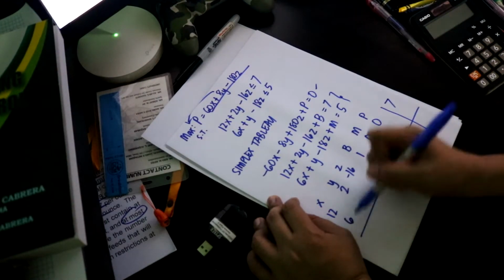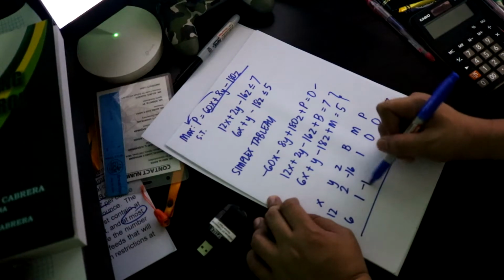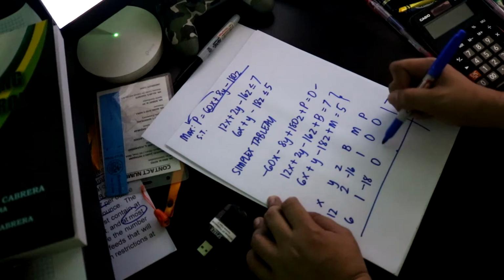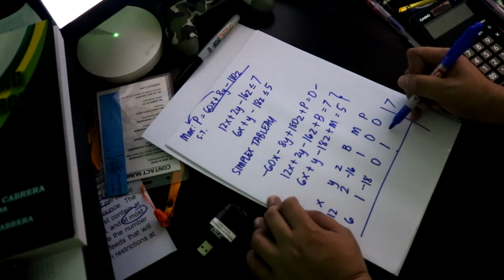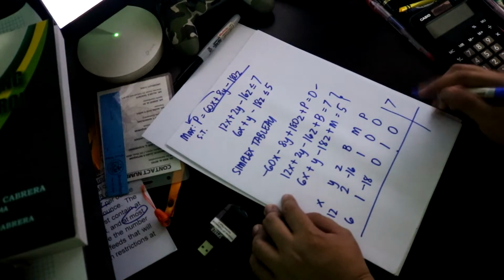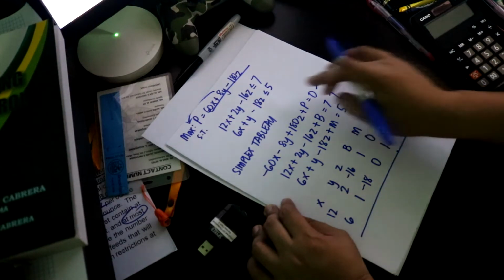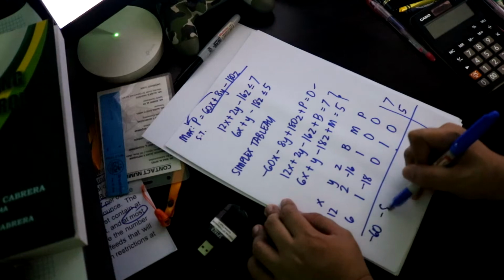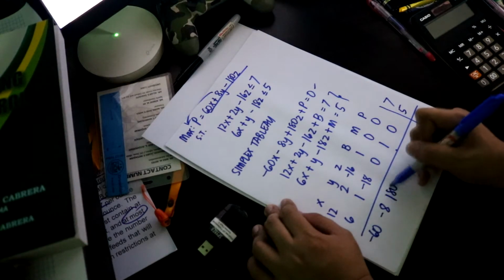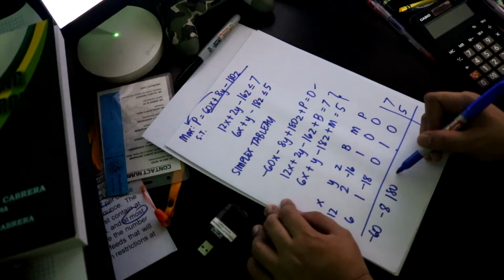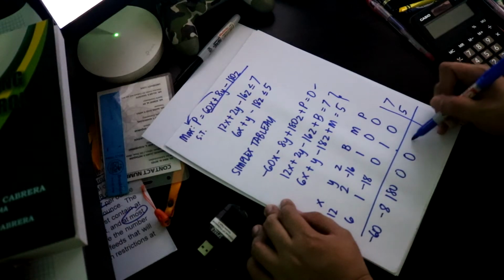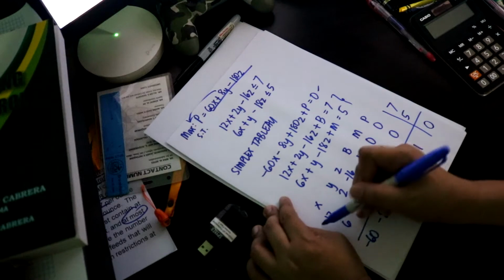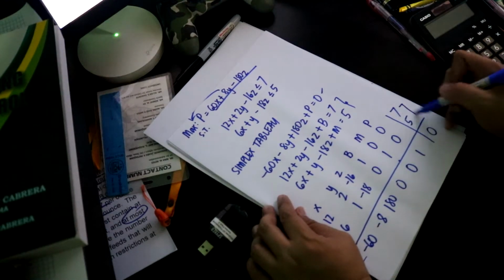And the next, 6, 1, negative 18, we have no b, we have an m, no p, and then 5. Then finally our objective function, negative 60, negative 8, 180, no b, no m, we have a p here, and then 0. So this is now our Simplex Tableau.